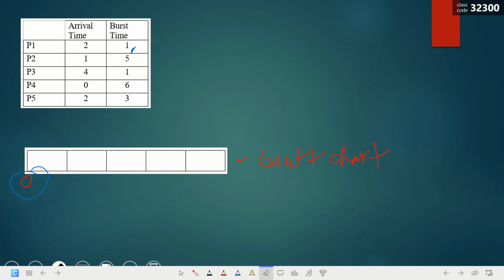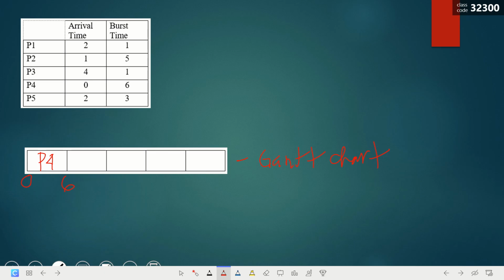So we can now write P4. The burst time of P4 is 6. We have no choice but to allocate P4 to the CPU.